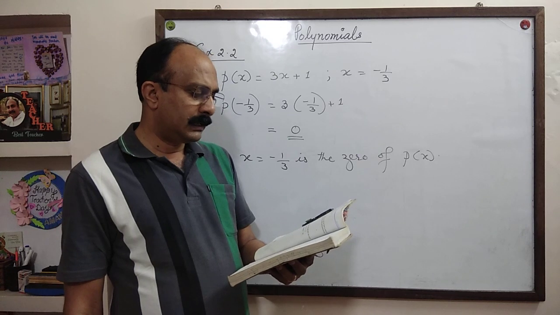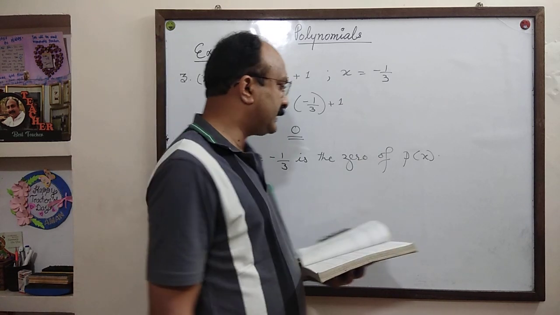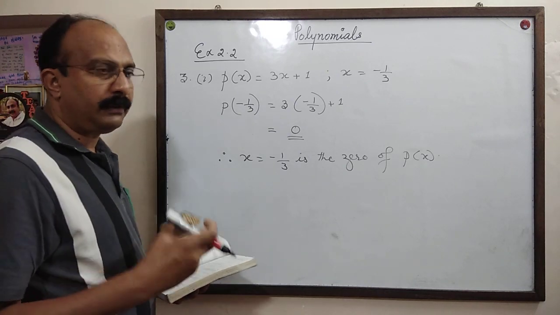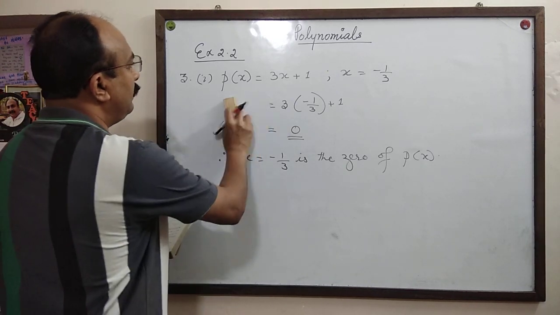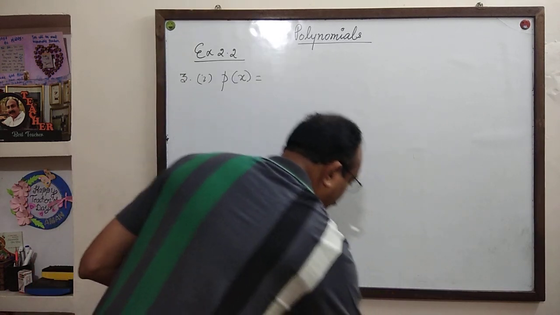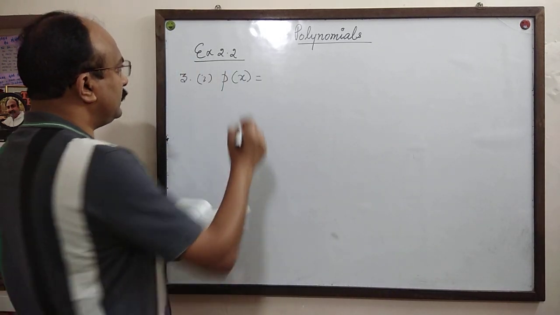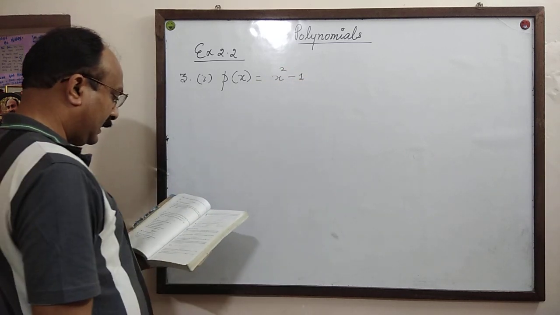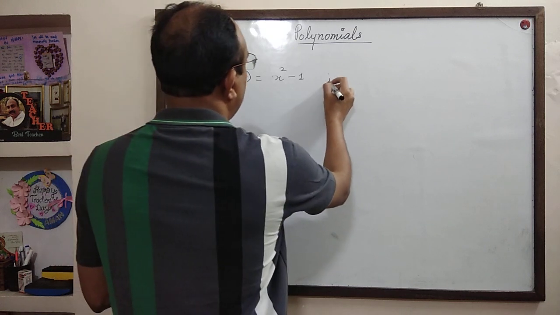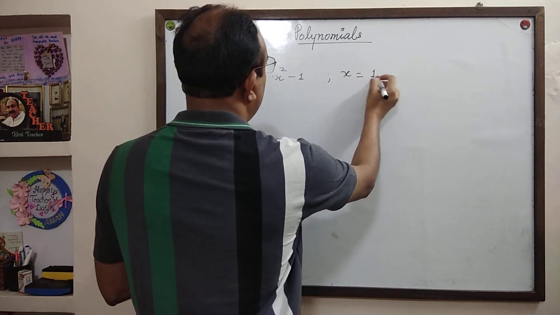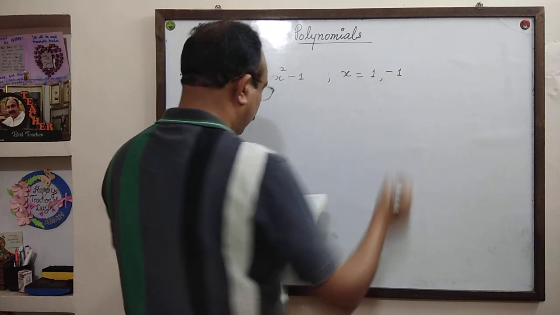Question number 3. Two values of x are given. So nothing new. We have to take both the values one by one and check it for each. Question number 3. P(x) is equal to x square minus 1, and the values are given. x is equal to 1, comma, minus 1.